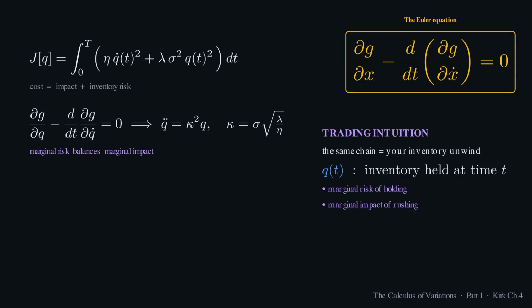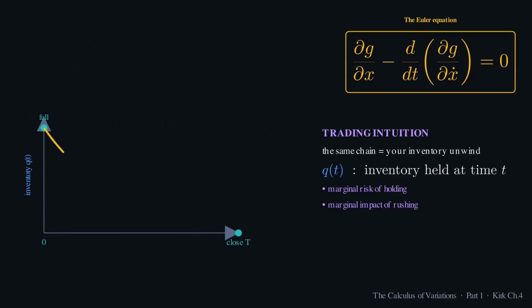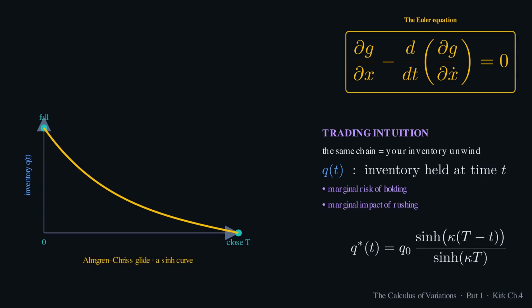The Euler equation says that on the optimal schedule, at every instant, the marginal risk of waiting exactly balances the marginal cost of rushing. Solve that balance, and the path it carves is the Almgren-Chriss curve, a smooth, cinch glide down to 0. The rule for trading optimally is, quite literally, an Euler equation.